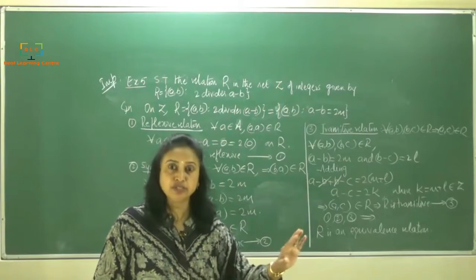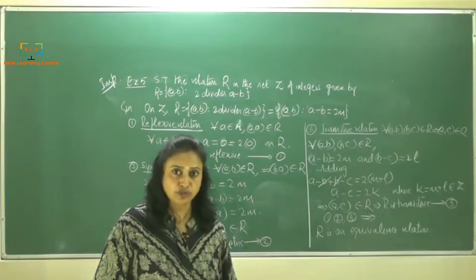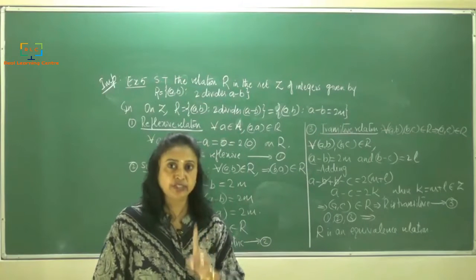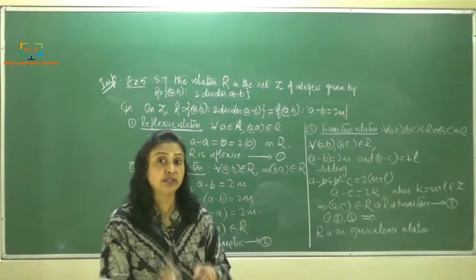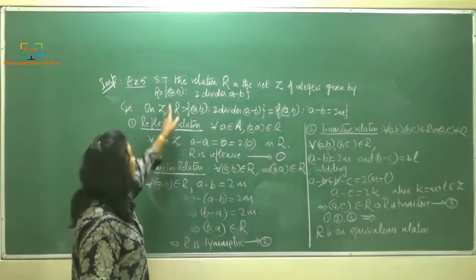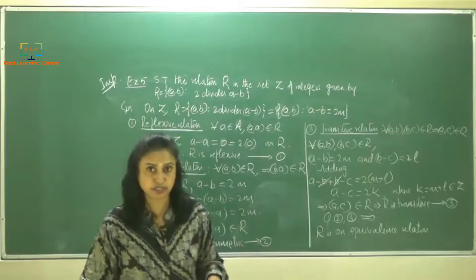You write the relation, and from that relation you can take the examples and do. That also holds good, provided they have given the set in the question by themselves. If they have not given the set as in this question, and only give the statement like this, you are not supposed to take a numerical example by yourself.